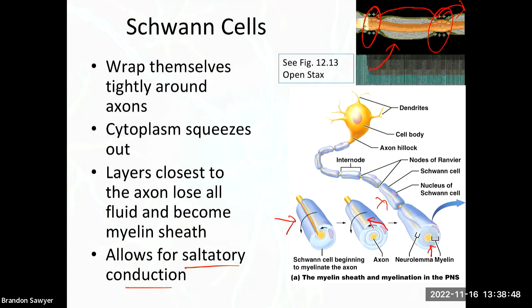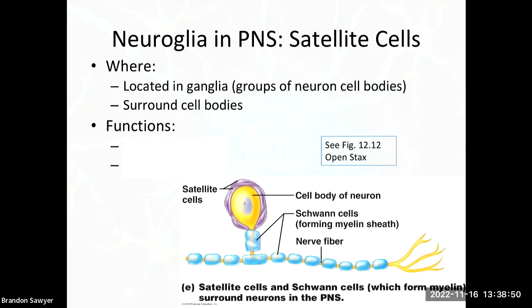Okay. All right, so that's our first one that we find in the peripheral nervous system. Now, another one in the peripheral nervous system is called satellite cells. Satellite cells are located in ganglia. Like we talked about last time, the dorsal root ganglion, these are little areas where we have a bunch of cell bodies, and so they surround the cell bodies. We see them right there, all these little satellite cells surrounding.